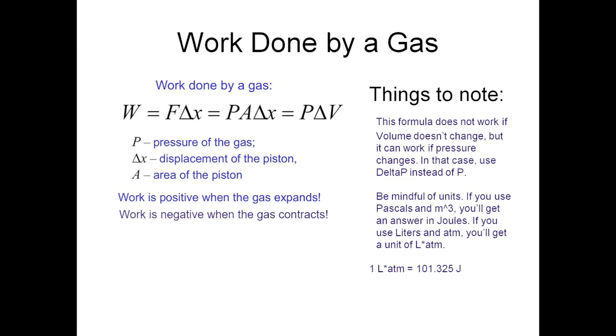If you're changing its temperature, but it does not expand, it's not actually doing work in that situation. This formula only works when the volume changes. If volume does not change, then technically there's no work being done. You can change the pressure, change the temperature all you want. If volume doesn't change, no work is being done on or by the piston itself.